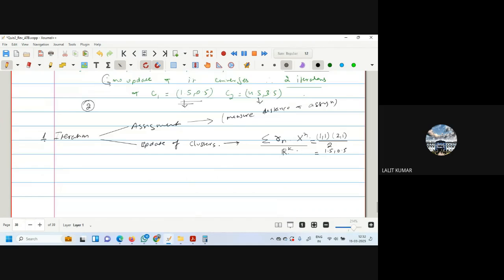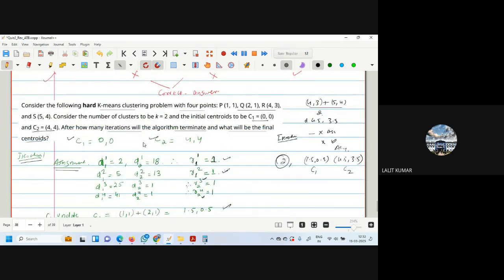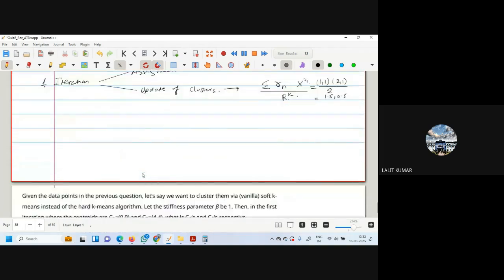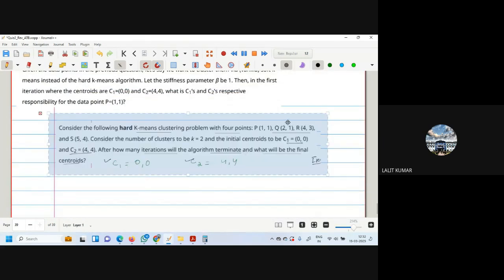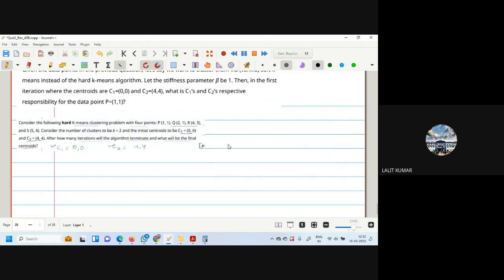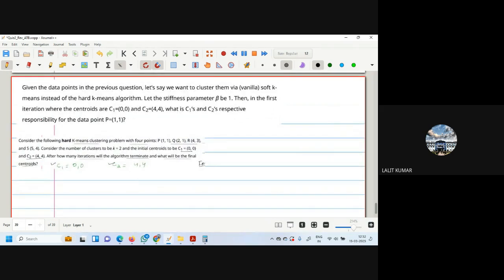The data points are (1,1), (2,1), (4,3), and (5,4).